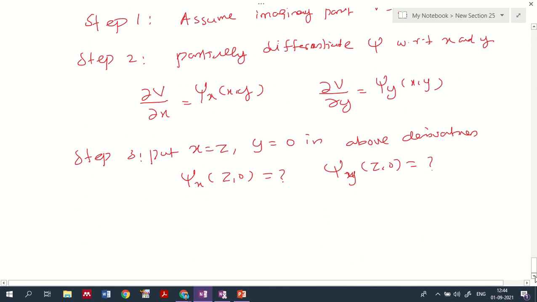And finally step 4, you have to do by Milne-Thomson method.